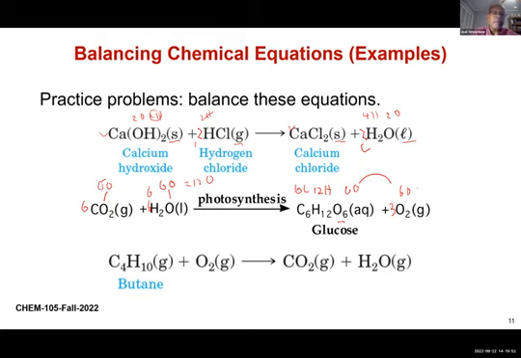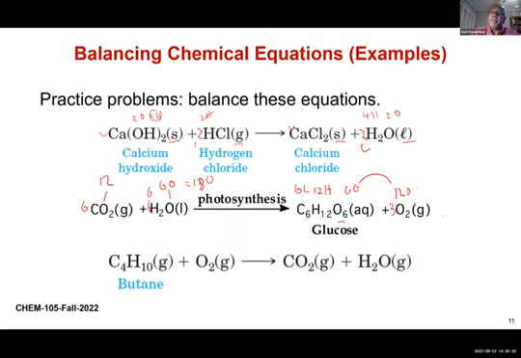I may have made a mistake. Okay, this is not correct. What is not correct? This is 12 oxygen, therefore 18 oxygens. There are 6, then you have to have 12 oxygens here.